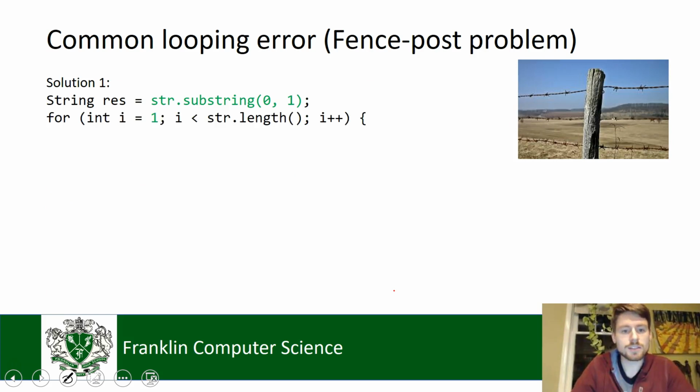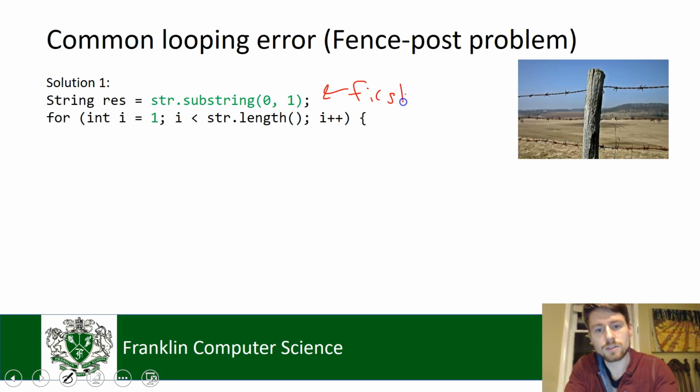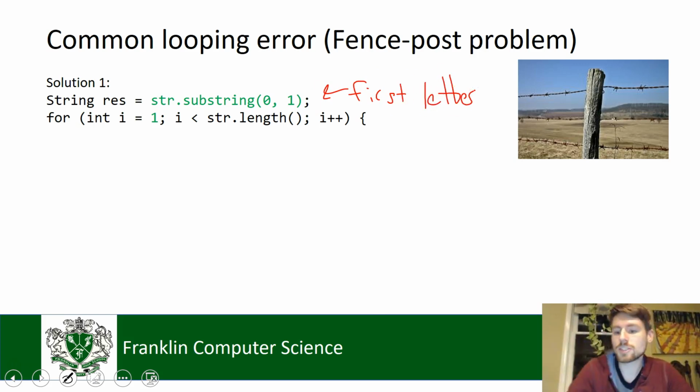So in this case, we grab the first letter. So we start our empty string now as just the first letter, and then we start our loop. The loop starts at 1 instead of at 0 because we want to start at the second letter with the loop.